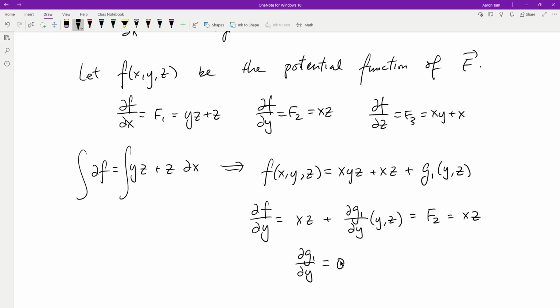And so that would tell me that this g1 is a constant? No. Remember, this is a partial derivative with respect to y, and therefore anything that's not a function of y is considered to be constant. And what's not a function of y? A function that only involves z. So therefore, this implies that g1 of yz must just equal some function of z only.